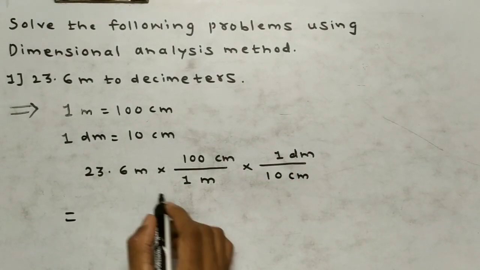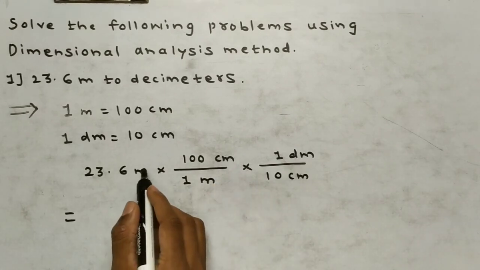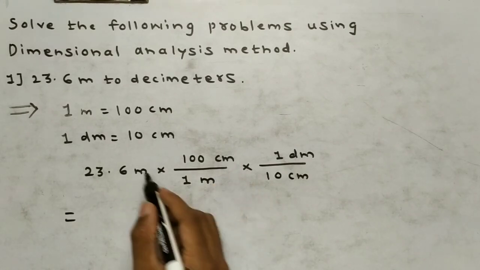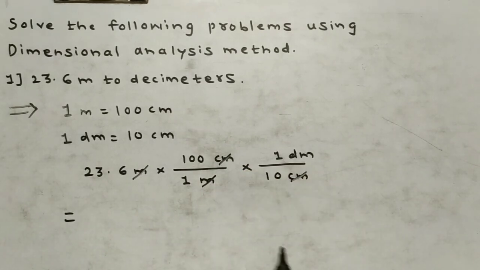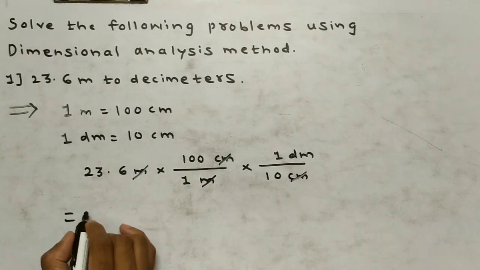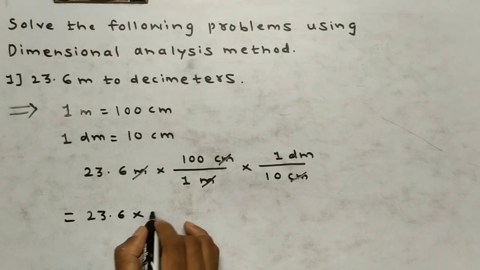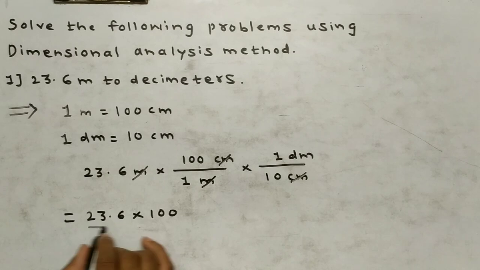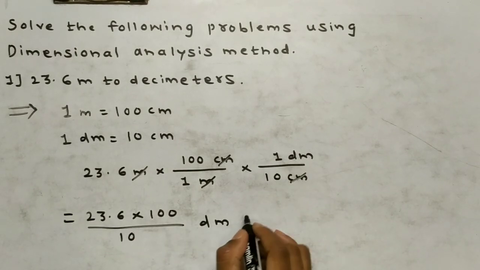So if we see, we have written this conversion factor in such a way that the similar units will get cancelled out. So meters will get cancelled out, then this centimeter and centimeter will get cancelled out. So we'll get the answer as 23.6 multiplied by 100 and divided by 10 and the unit decimeter.